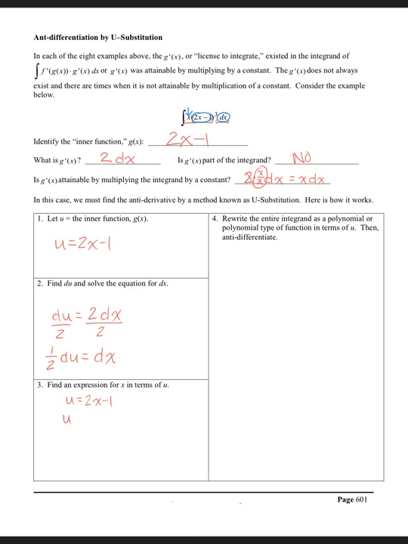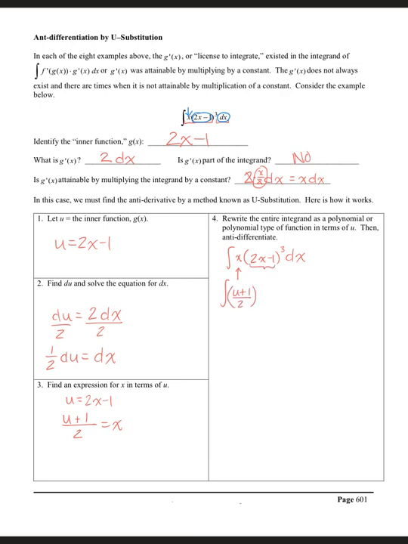Okay, so that would be u plus 1 divided by 2 is equal to x. Okay, so now what we're going to do is we're going to rewrite this integral in terms of u. So our integral to begin with was x times (2x minus 1) cubed dx. Okay, so now in terms of u, well, the x is u plus 1 over 2.